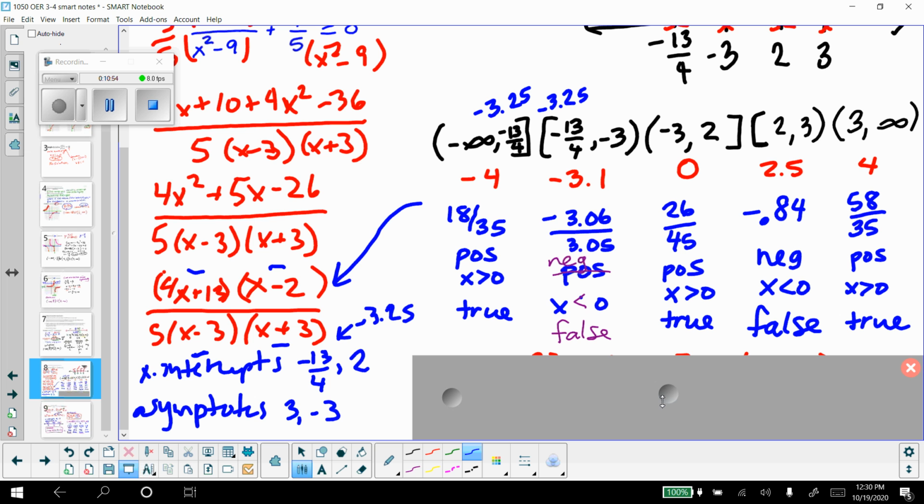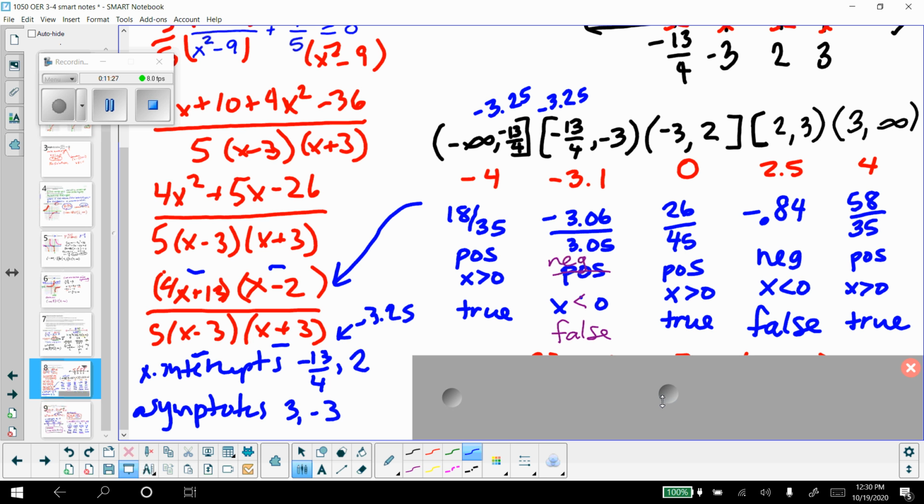And we get a positive value there, so any of the values between negative 3 and 2 are going to give us a greater than value, which makes our inequality true. And then we plug in our test point 2.5 and we get a negative value, which makes our inequality false because it's less than 0. Then we plug in our test value of 4 and we get a positive value, which puts our answer greater than 0, which is true.